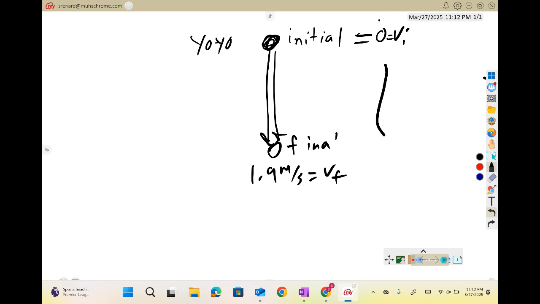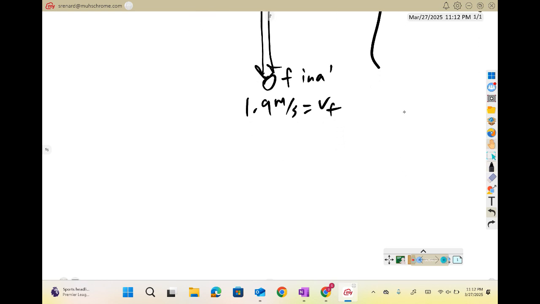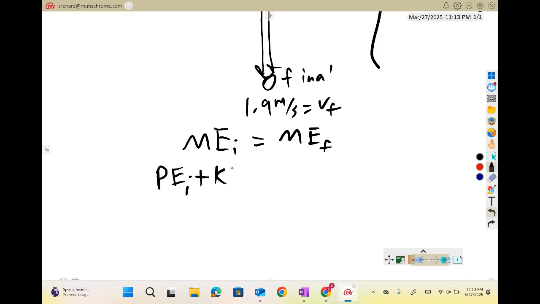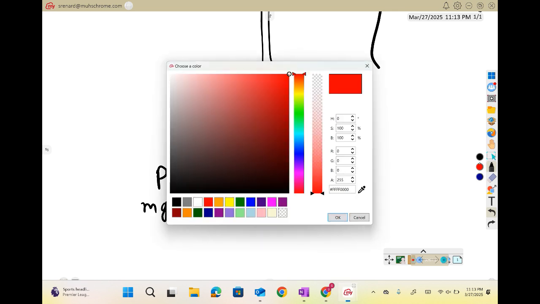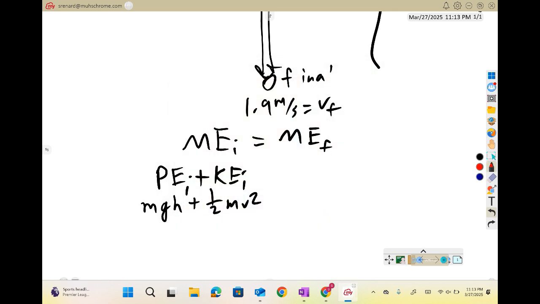What this does for us is it allows us to set this up as one of those stereotypical problems where all the mechanical energy at the beginning is potential energy. How do we know that? Because when we write the equations out, mass times gravity times height plus 1/2 mv squared, if we're not moving, then we don't have kinetic energy.